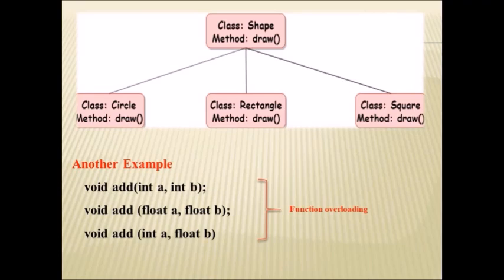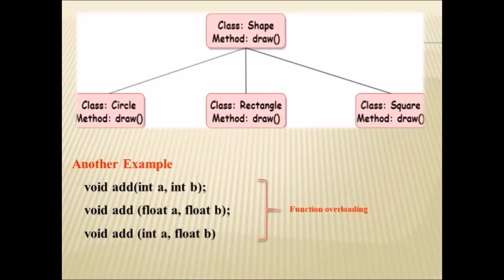Similarly, the process of achieving different behaviors by using a single operator is known as operator overloading. So again, these are overloaded at compile time. So that is compile time polymorphism. The runtime polymorphism can be achieved by using virtual functions in C++. That is a separate concept.